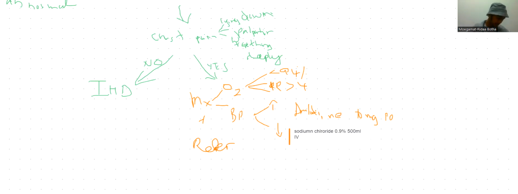If the chest pain is worse on breathing deeply, with coughing, sputum, and temperature, then you have to think of pneumonia. So we speak about oxygen therapy, right? If the respiratory rate is more than 30. Then we speak about the blood pressure.